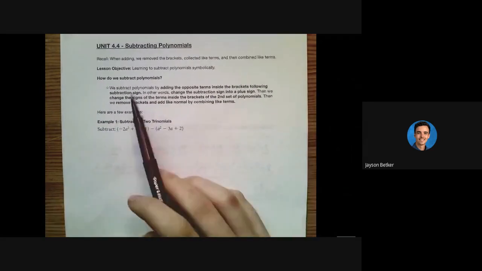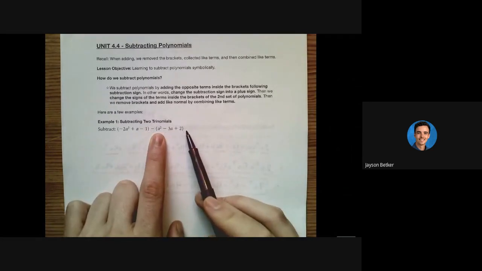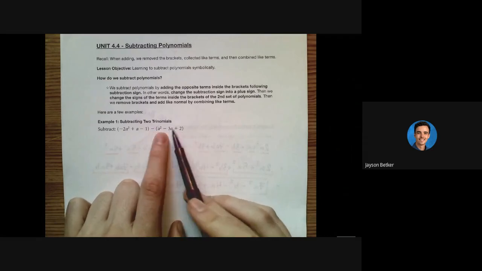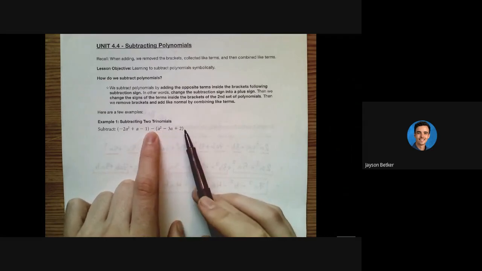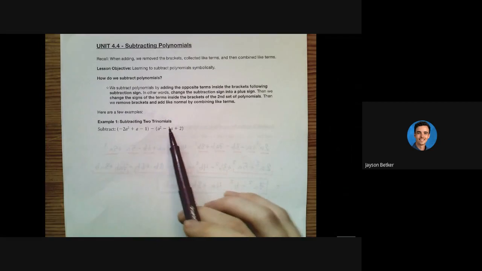There's one really key thing that ends up happening: you have a negative in front of a big group of terms inside brackets. And that gets a little bit confusing because that negative ends up making its way through each of these terms.